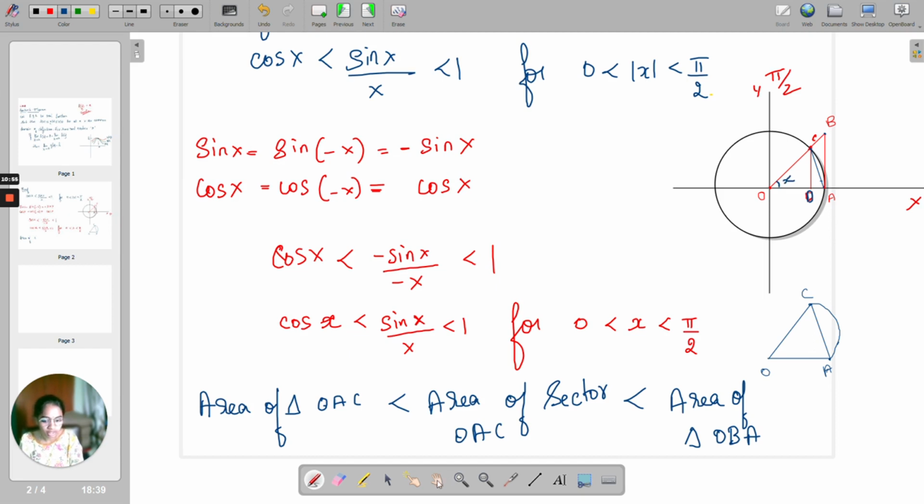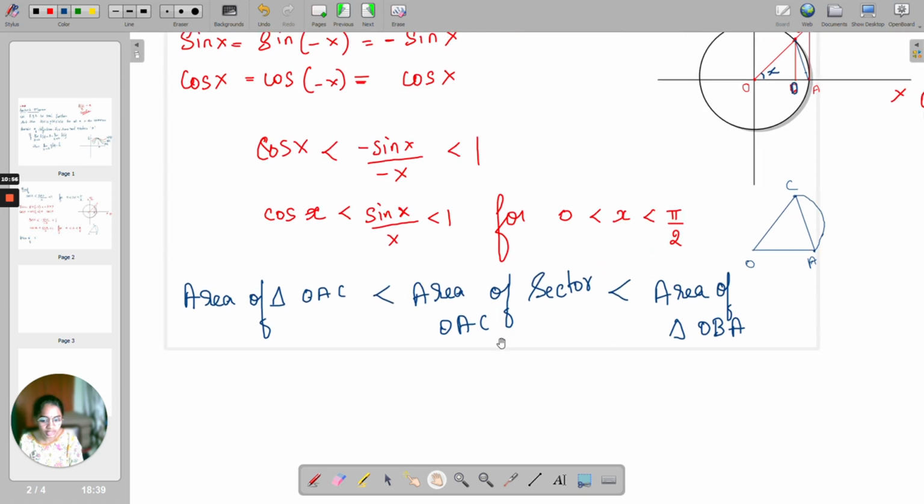Now, what is the formula for area of a triangle? Can you recall? Isn't it half base into height? So let me do that over here. Let me take the triangle OAC. We have a line over here that is D, right?